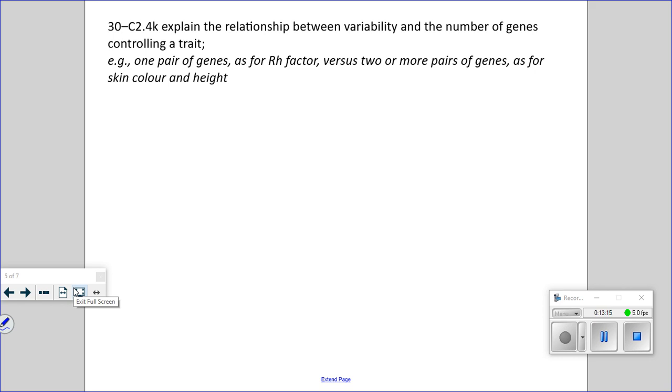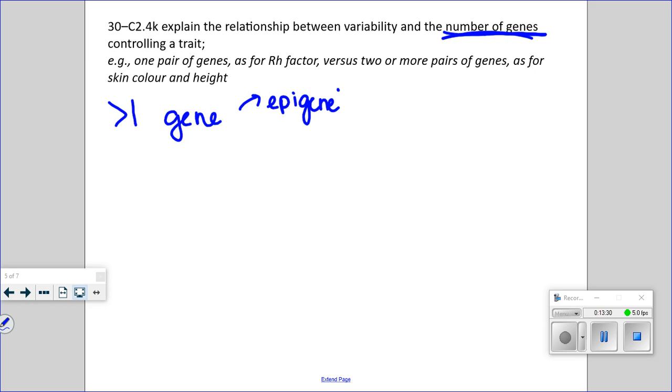Now, the next one talks about the number of genes. So this is any scenario where there is more than one gene. This is where our epistatic interactions would come into play, right?